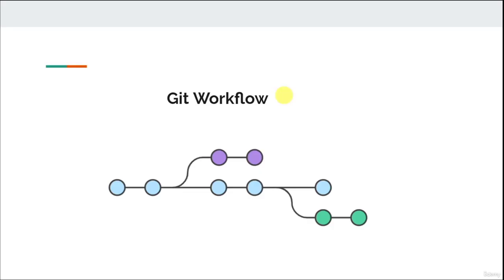And based on the commits, if anything happens on the merge, we can resolve that. So we already learned this. But before we start to implement a repository or work with Git, we need to know this term, Git Workflow.